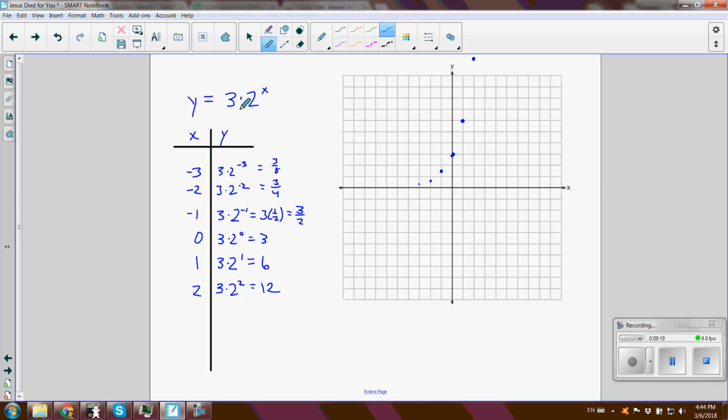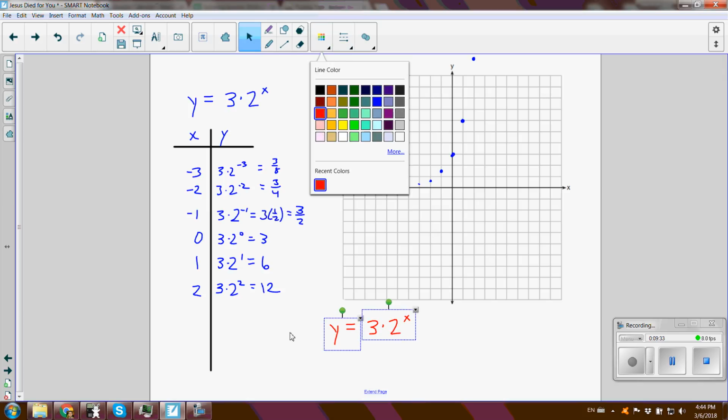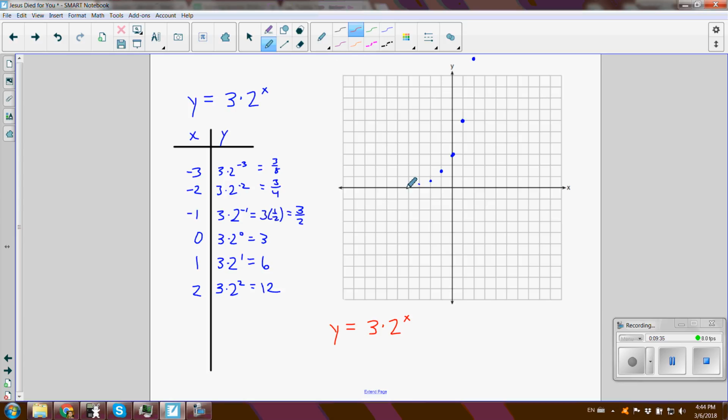Now, if we made this 3 a negative 3, let's see, and make it negative 3 times 2 to the x, we could create another table of values, but all that's going to happen is all of these outputs, we're going to be multiplying by negative 3 instead of positive 3 each time.